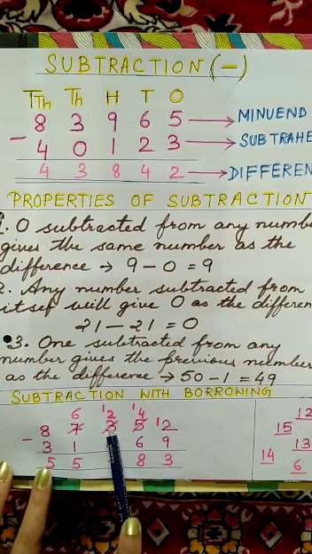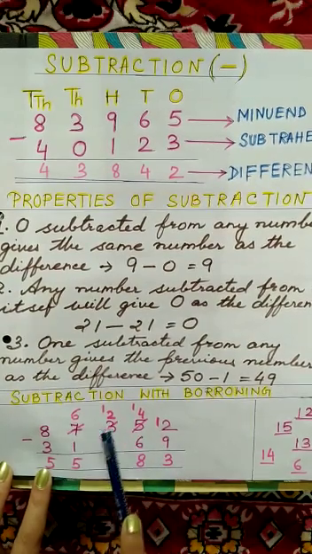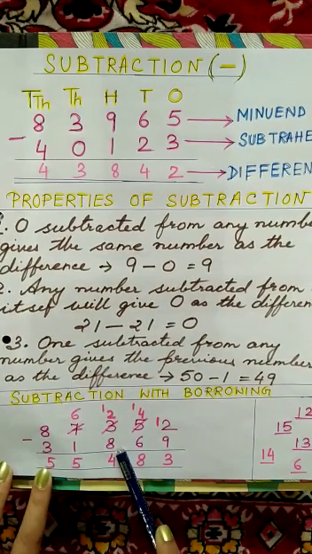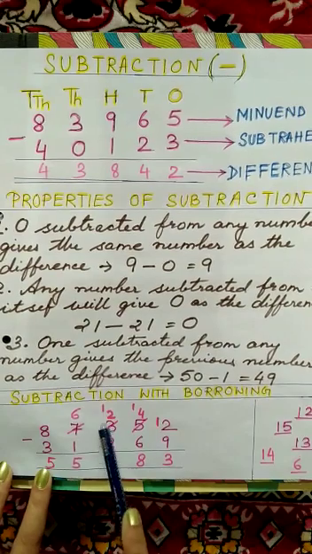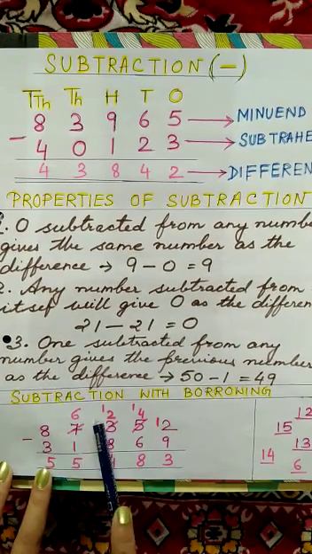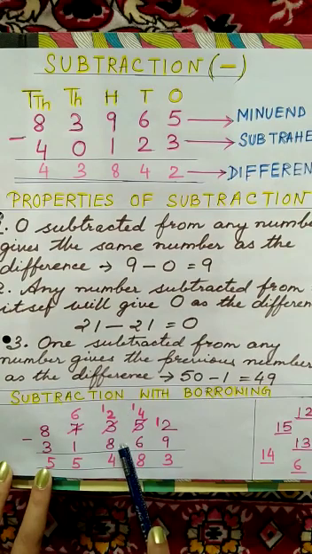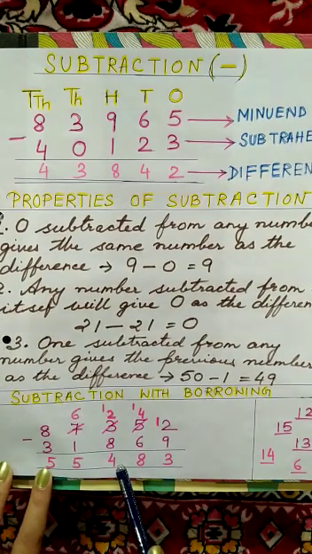Since we borrowed 1 from here, we have to reduce it to 2. Again this 2 is smaller than 8. So we have to borrow 1 from the previous digit. It becomes 12 now. 12 minus 8 is 4.